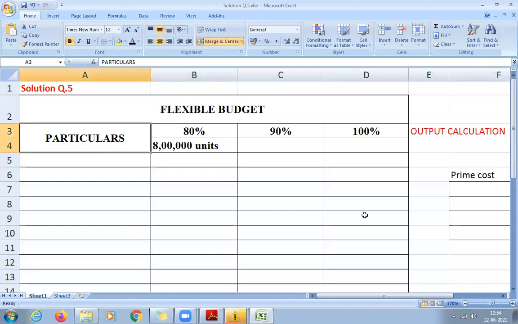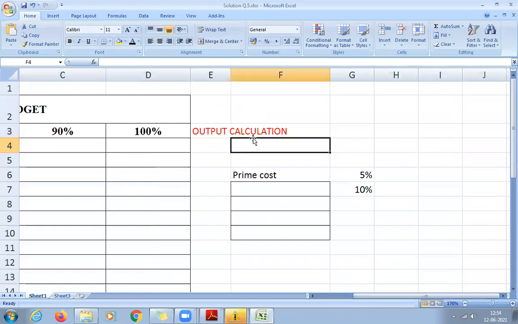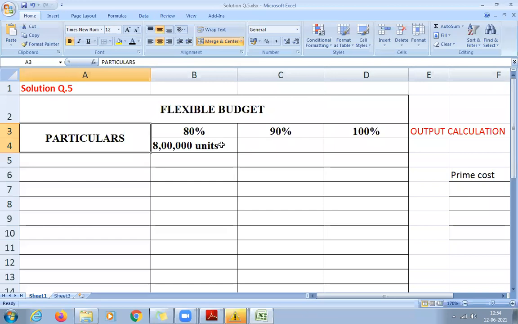So how much is it for 90% and 100%? We need to calculate. So just do cross multiplication. 8 lakhs into 90% divided by 80%. You'll get the output. How much will you get? Calculate fast. 8 lakhs into 90 divided by 80.